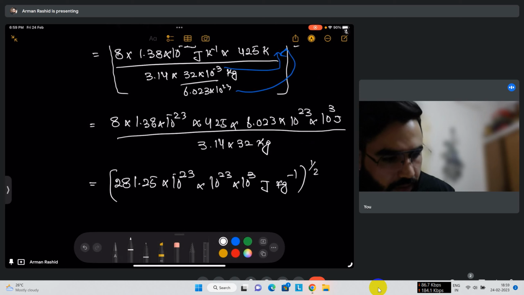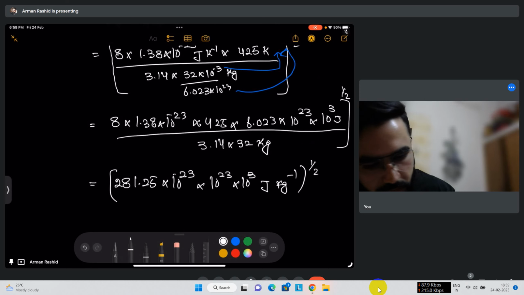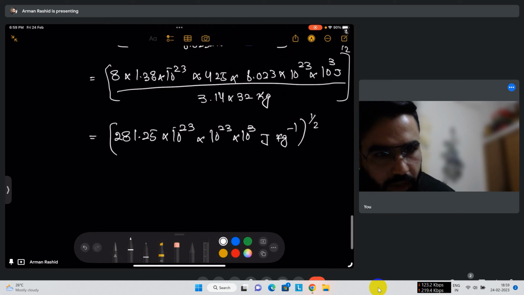This is to the power 1 by 2, it's under root.